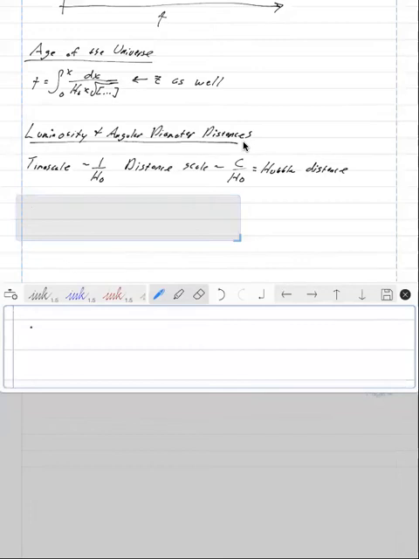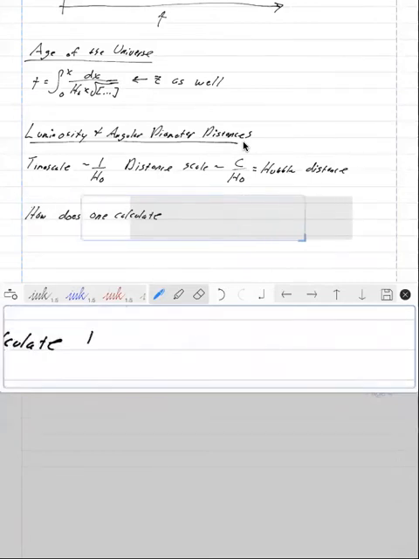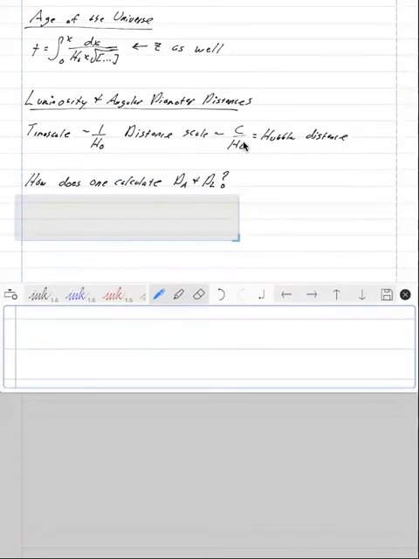All right, so the question is, how does one calculate the angular diameter distance and the luminosity distance? We're going to go over some of the important details here.